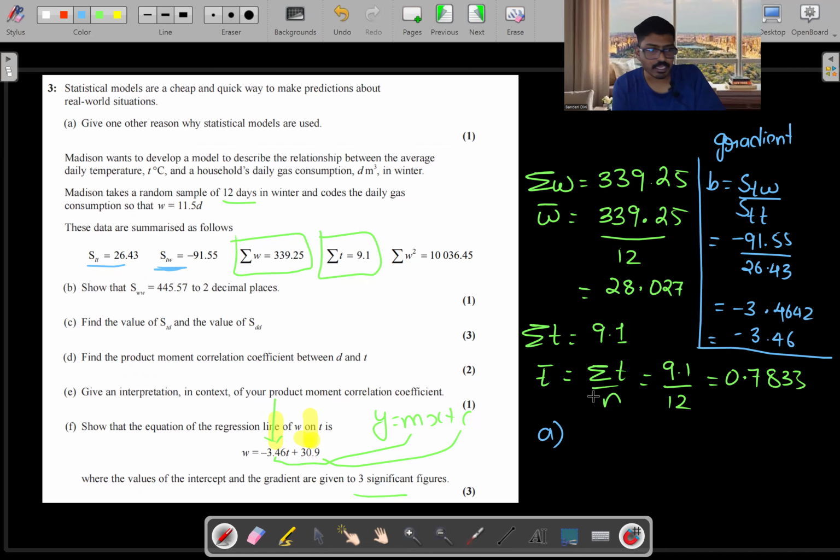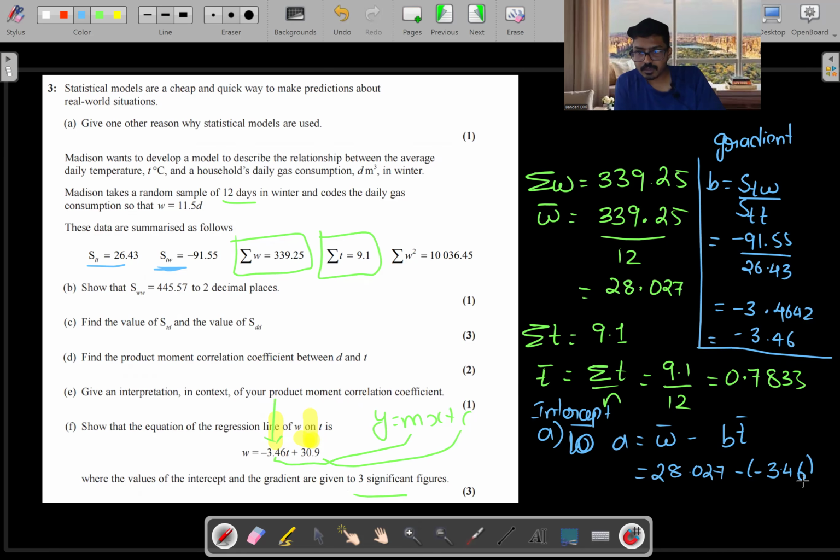So the value of A would be the intercept. We call it to find the intercept, so A will be equivalent to W bar minus B T bar. What is W bar? We already know that is going to be 28.027 minus B, which we calculated above, is minus 3.46, right?